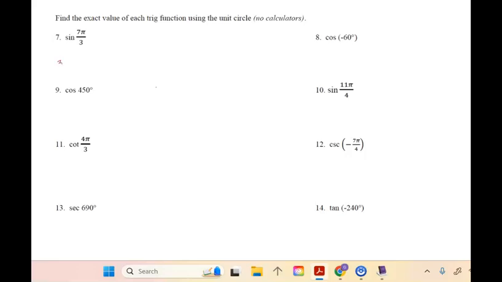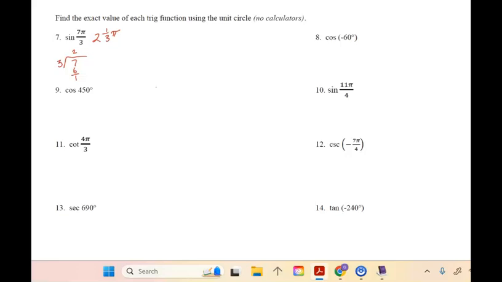So if you're not sure how that's done, I'm just going to take the bottom number and divide it into the top. So 3 would divide into 7 2 times, and there would be 1 left over. So that would be 2 1/3 pi.